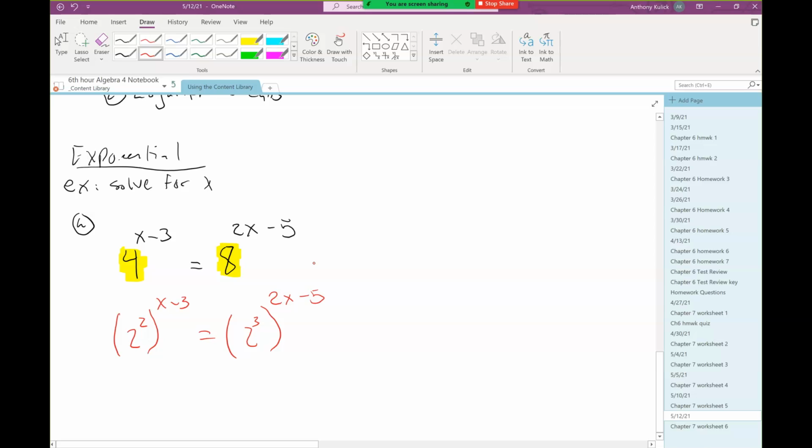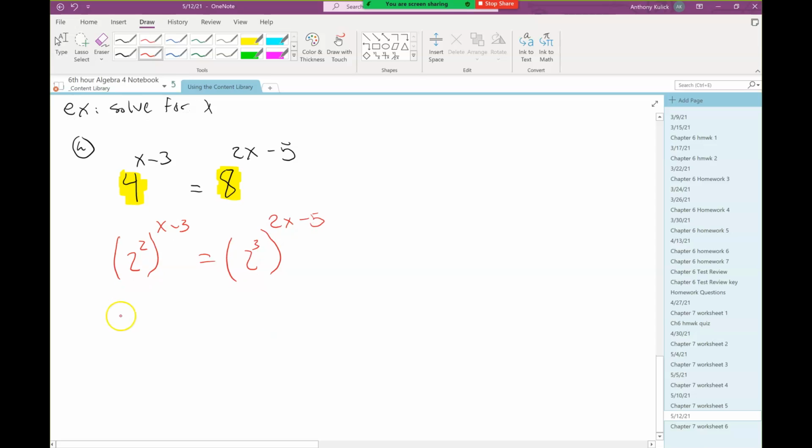So far, so good. Now I have these exponents of an exponent, right? I have 2 squared to the x minus 3, and I have 2 to the third to the 2x minus 5. How do I simplify an exponent of an exponent?